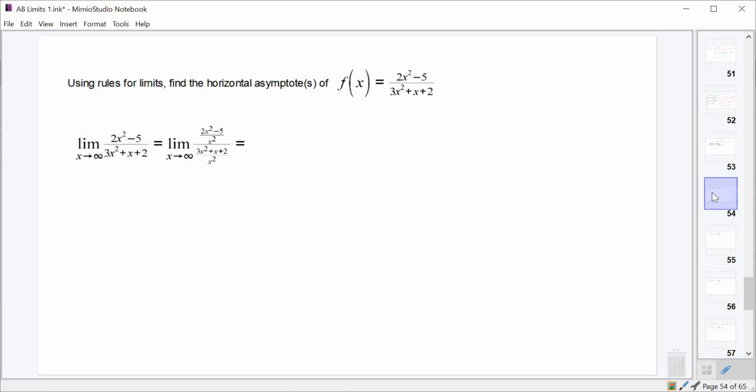Does that sound familiar? It's something like you need to divide the coefficients of the leading thing. Right. It sort of depends on what the degree of the numerator and the degree of the denominator are.